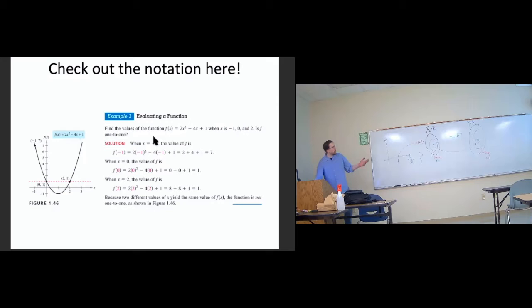So, just really quick, I wanted, more than anything else, to point out the notation here. Here we've got this idea of f of x. f of x is just our shorthand for our function. Instead of saying 2x squared minus 4x plus 1 every time, because that gets exhausting after a little while, let's just write f of x.